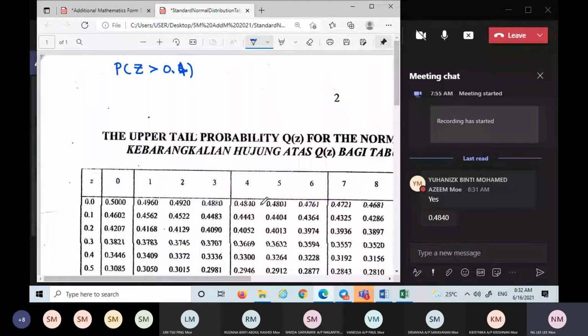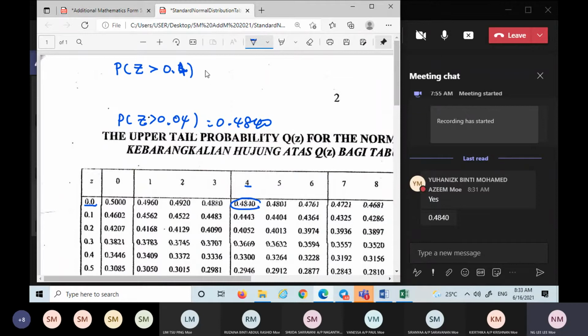Okay, this one you read from this. This one is 0.04. Okay, your answer is 0.4840. This is 0.04, because this is 0.0 and then 4.